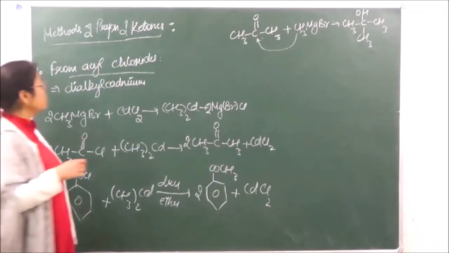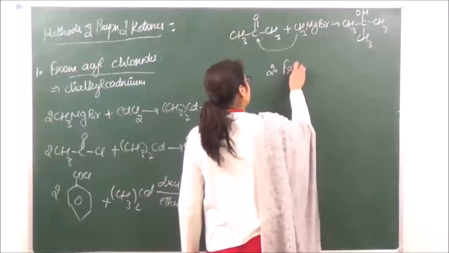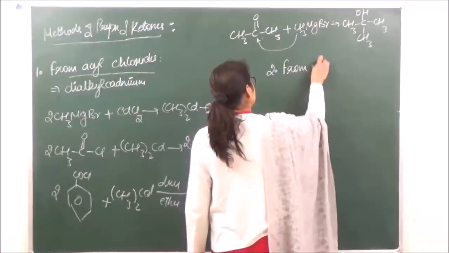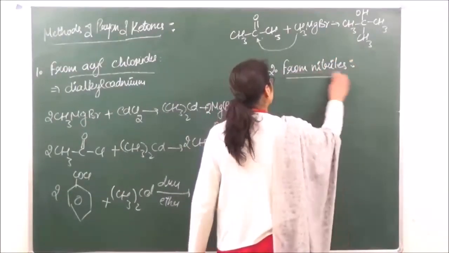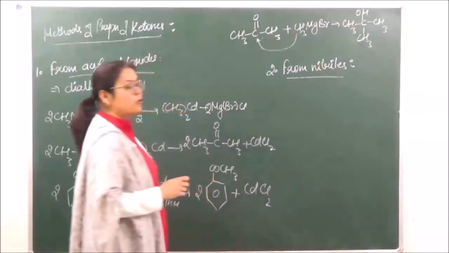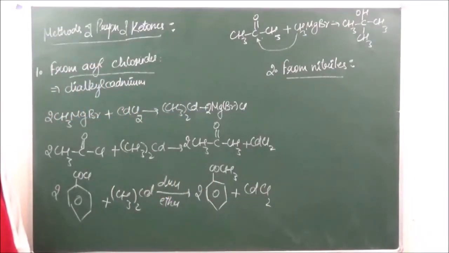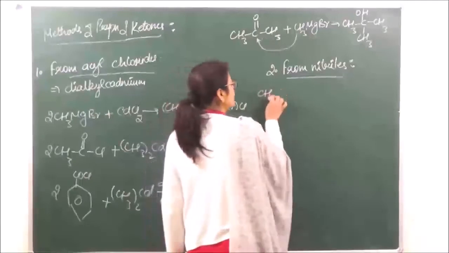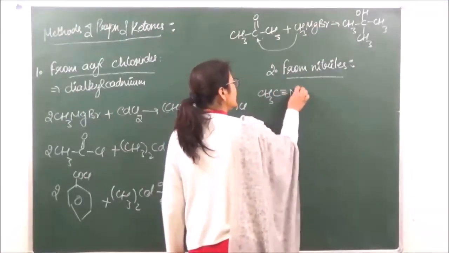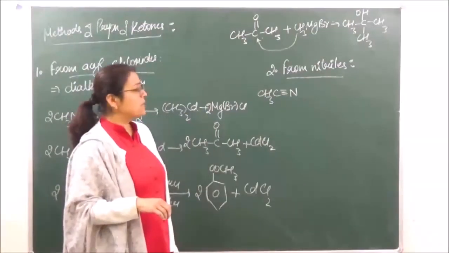Then the second method which we are going to do over here is from nitriles. Okay, now with nitriles again we are going to react the Grignard reagent. Now over here we are going to take nitriles. Nitrile means that it already has an alkyl group, although the process is going to be the same as we were doing before.